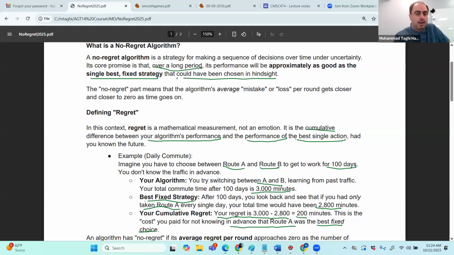In particular, a no regret algorithm means that the algorithm's average mistake or loss per round gets closer and closer to zero as time goes on. This is the type of algorithm that we will call a no regret algorithm.